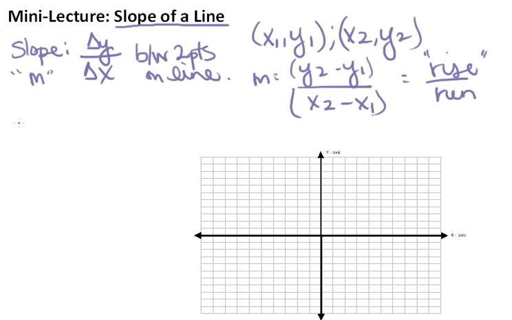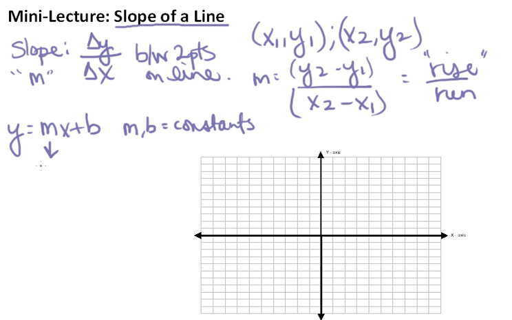Also, there's another way. Oftentimes you might run into the equations of a line written in slope-intercept form, where y equals mx plus b. And this term right here, m, is a constant. m and b are both constants.